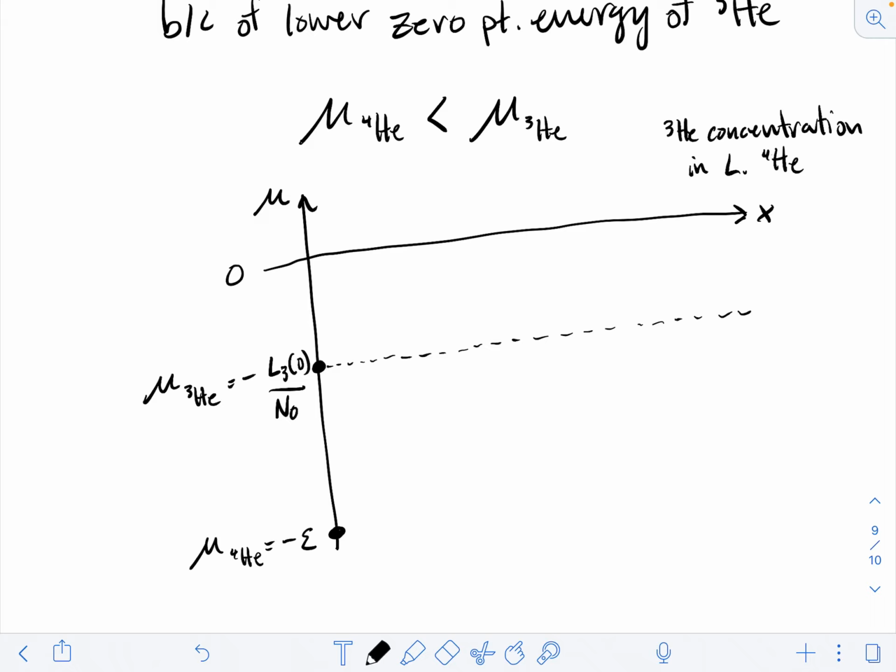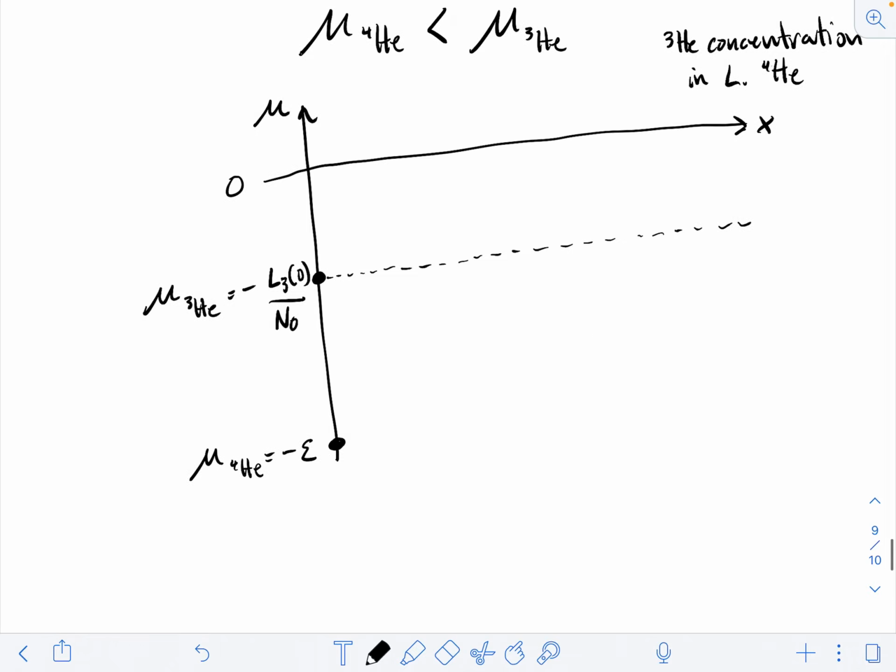And so what we want to know is, does this chemical potential mu for helium-3 in helium-4 change as we keep adding helium-3 atoms to liquid helium-4? And if it does change, how does it change? And so that's the question for next time.